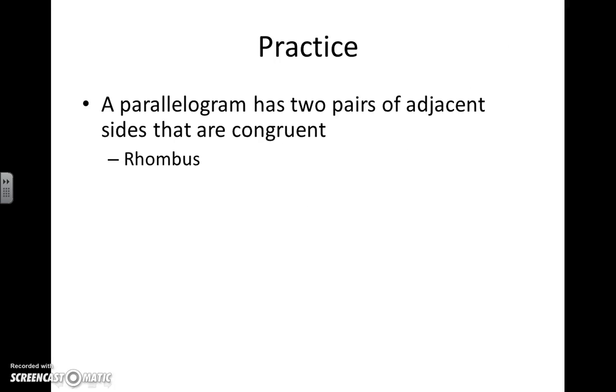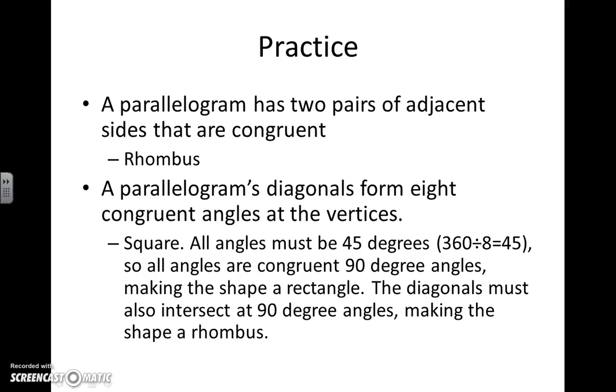Let's take a look at some more practice. A parallelogram has two pairs of adjacent sides that are congruent. Well, we've satisfied that it's a parallelogram, and we've said that the adjacent sides are congruent, therefore it must be a rhombus. A parallelogram's diagonals form 8 congruent angles at the vertices. This must be a square.